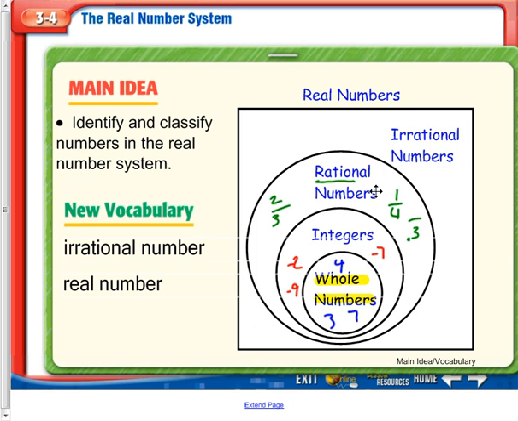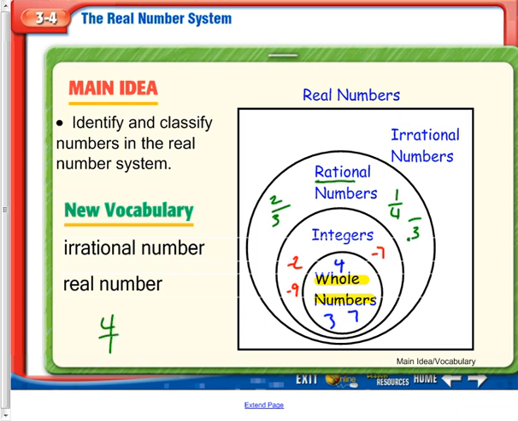One thing to remember is that a rational number is not an irrational number. Pretty much if anything is in any of these three circles, we can call it a rational number, because the number 4 can be written as 4/1, and therefore it is rational because you can write it as a ratio.